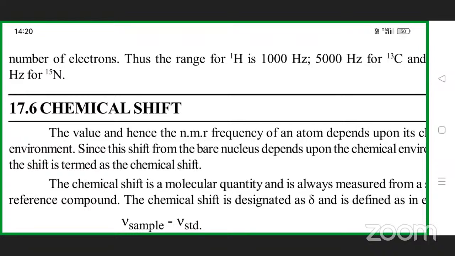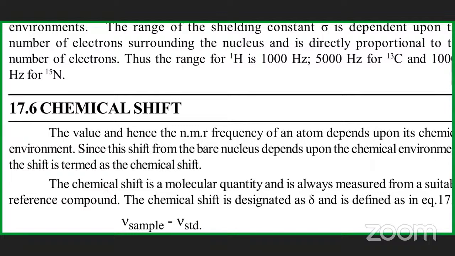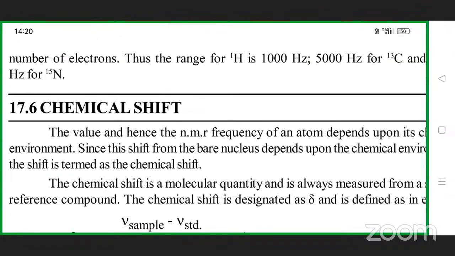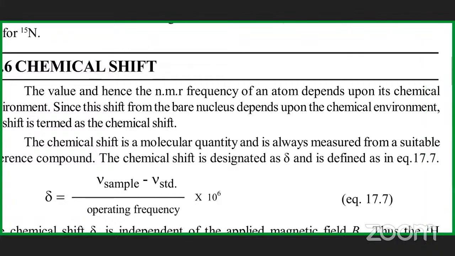In the exam, for 4 marks, they will ask you to define the chemical shift and explain the chemical shift ranges of the various compounds. Very simple: what is the chemical shift? The chemical shift is nothing but the absorption position of the sample minus the absorption position of the standard.